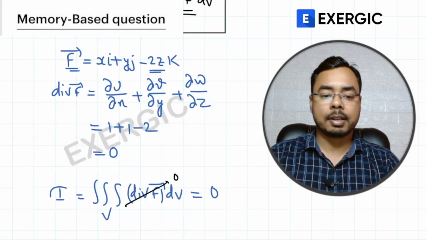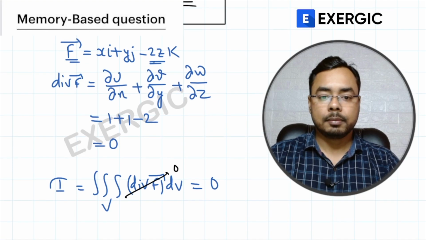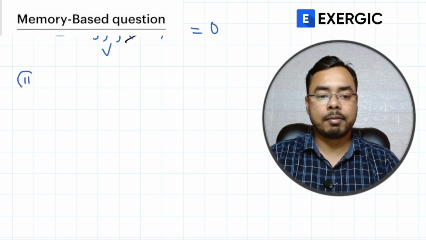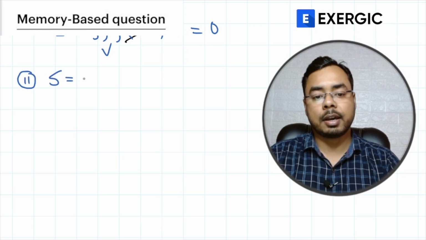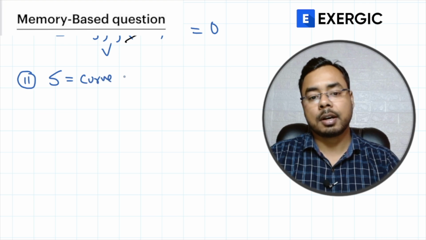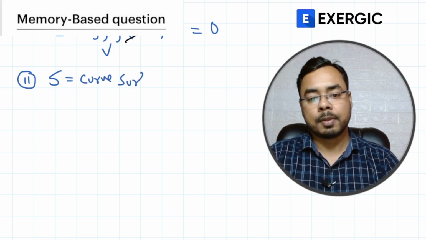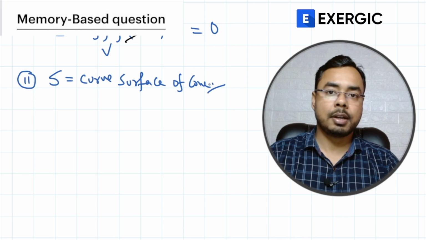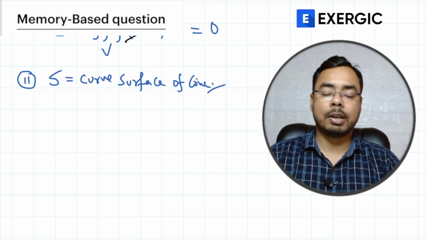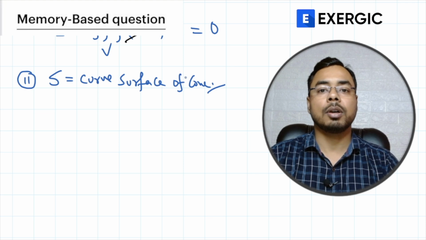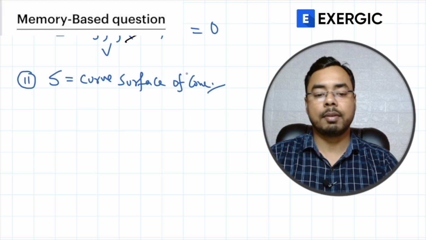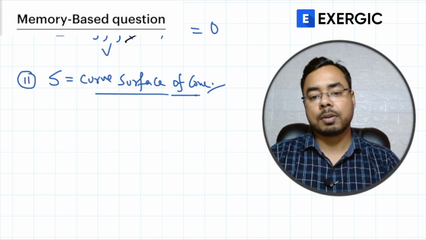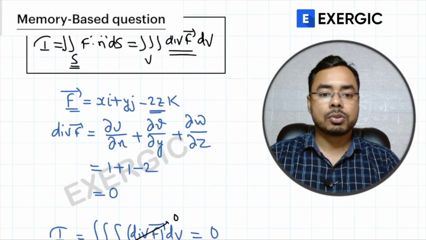So now if I calculate vector f dot n cap, this is our vector f. Let us discuss the second possibility where S is the curved surface of the cone. In this case, instead of evaluating the surface integral over the curved surface, we will evaluate the surface integral over the circular base of the cone, and then we'll use the concept of Gauss divergence theorem, right? So if S is the curved surface of the cone, what should be the value of the integral?